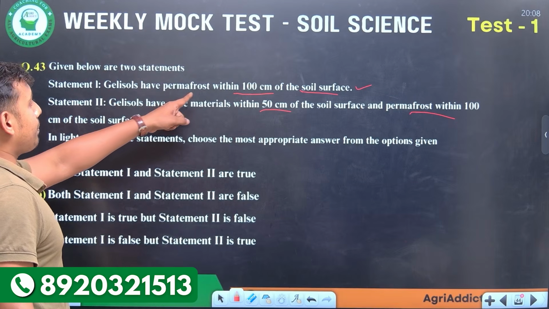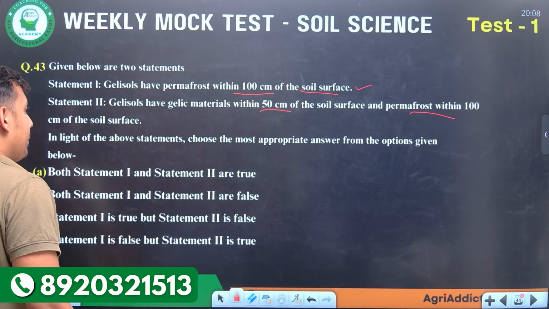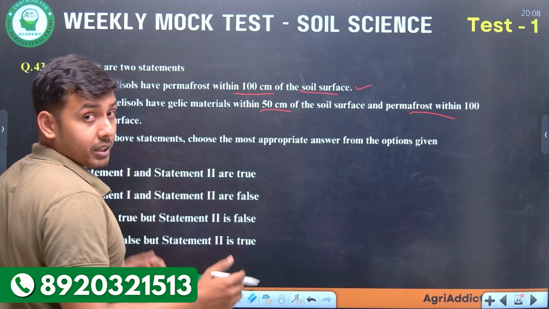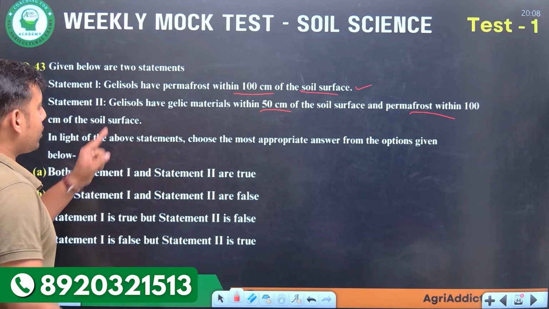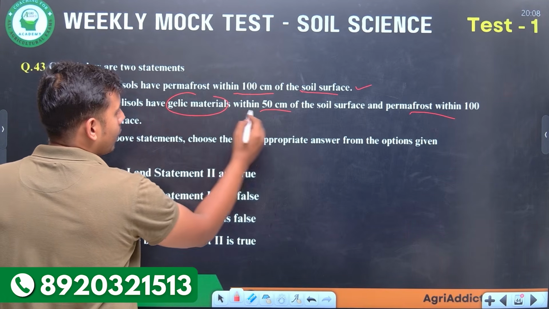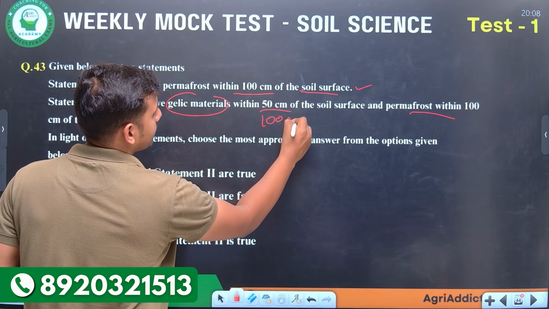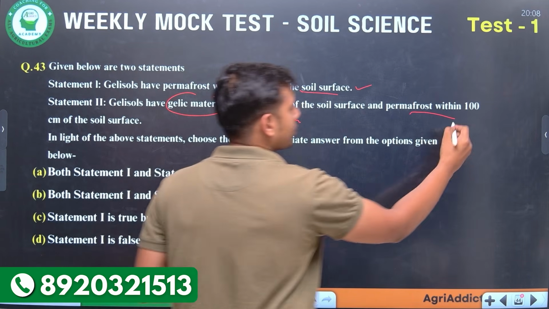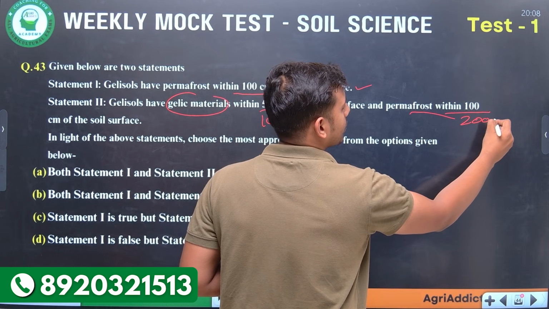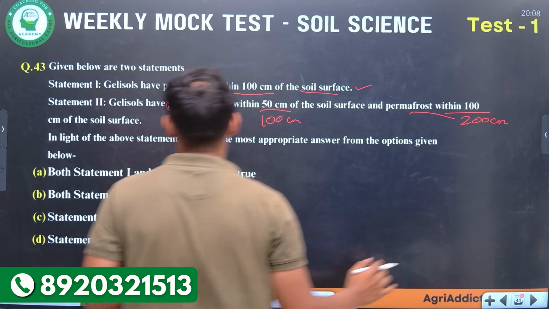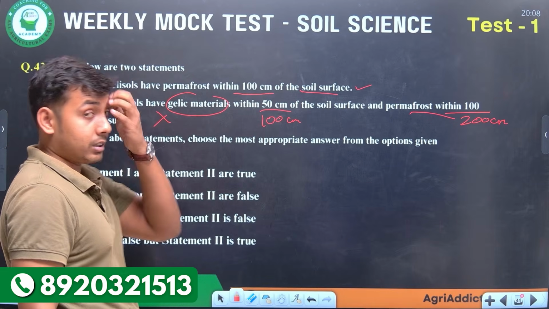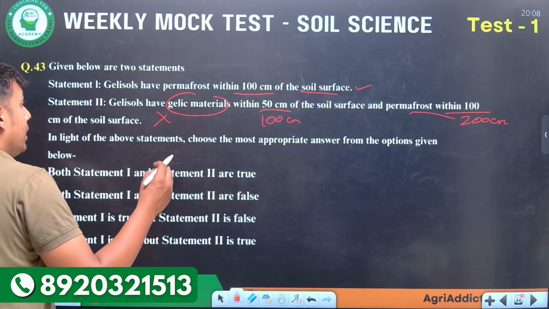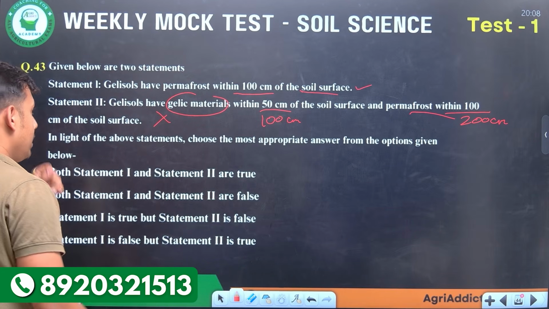Gelisols have permafrost within 100 centimeter. But when it comes to gelic materials, the condition is that the gelisol must have gelic material within 100 centimeter of the soil and permafrost within 200 centimeter or 2 meter depth. So this is wrong. Here we can learn the logic, the key point to categorize gelisols.